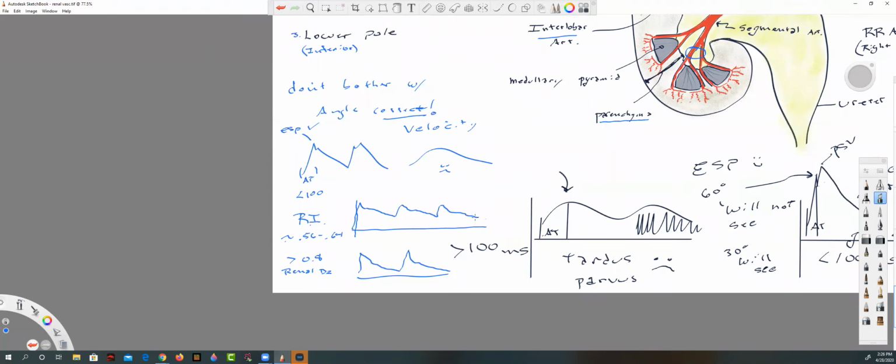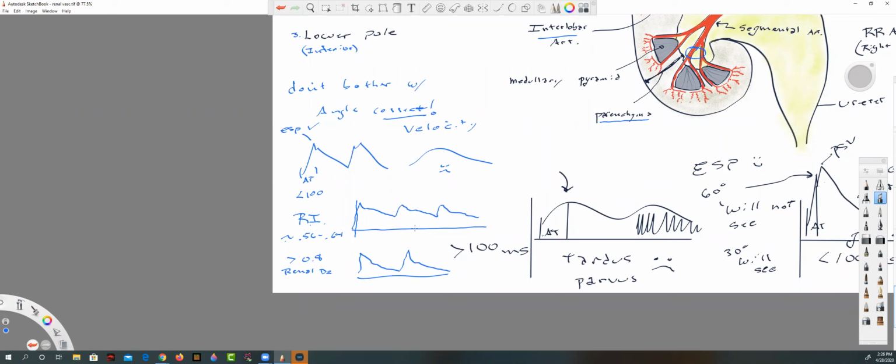Once again, not really a part of the renal artery exam. It's just kind of an add-on. And an unusually low resistance could be an indicator of a parenchyma that is starving for blood.